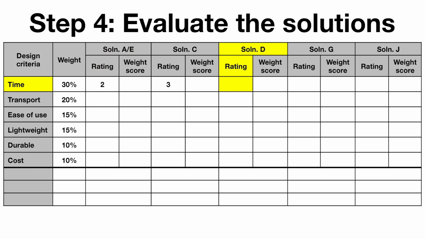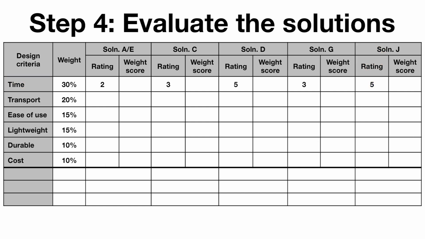Solution D appears to offer a very quick way to eat because one movement can be used to scoop the food and then pulling out transfers the food to the mouth. As a result, this receives a 5 on the rating scale. Continuing with solution G, we score it with a rating of 3, and for solution J, a rating of 5.